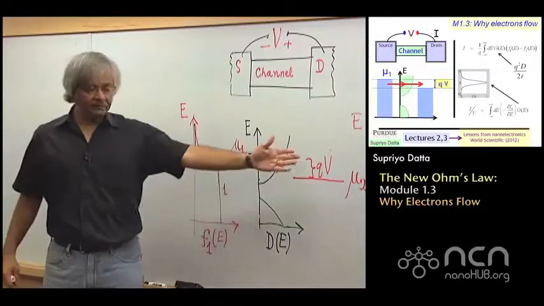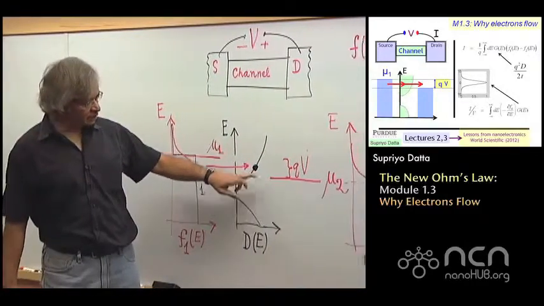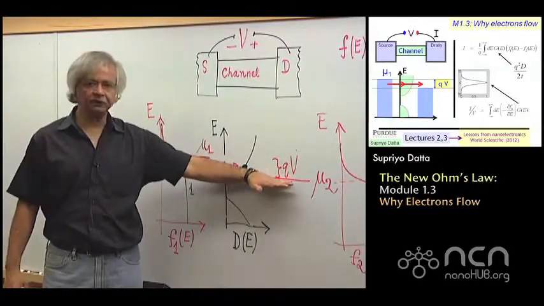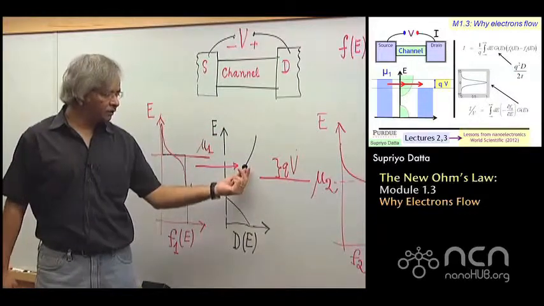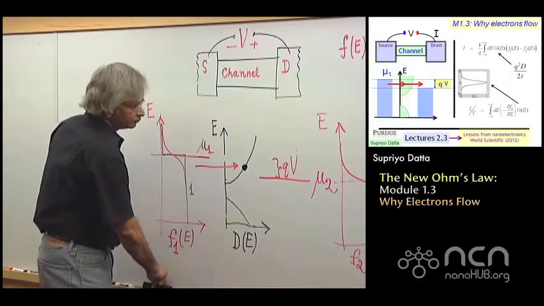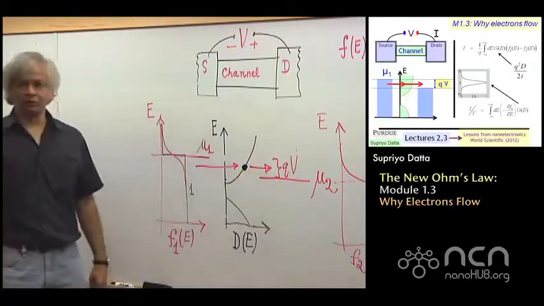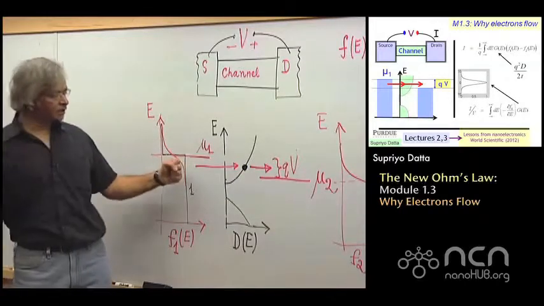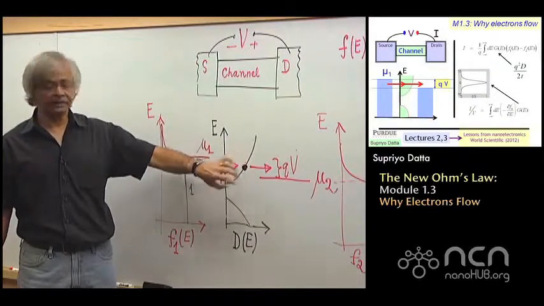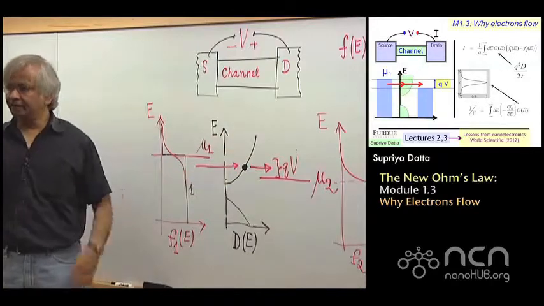On the other hand, the right contact, when it looks at that level, says that it's above my electrochemical potential, and things should only be filled up to here. And so, as soon as it sees that this level is filled, it will pull the electron out. So this contact will keep putting electrons in, trying to fill it up, and that contact will keep pulling them out, trying to empty it.